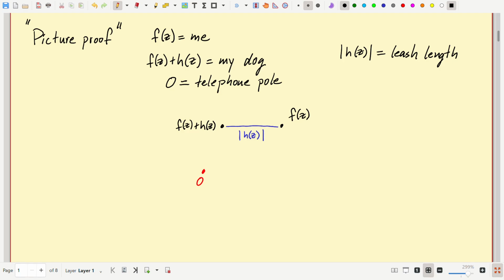And now if you think about it, what is the inequality? The modulus of h of z less than the modulus of f of z. Well, the modulus of f of z is the distance from me to the pole, and this is the leash length.